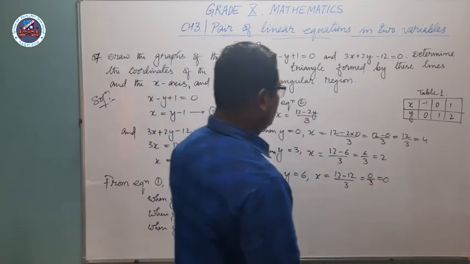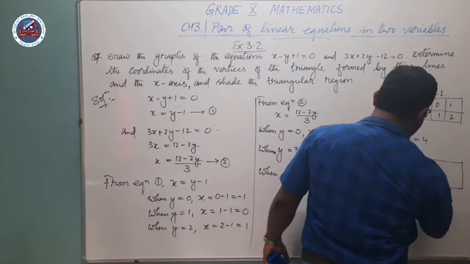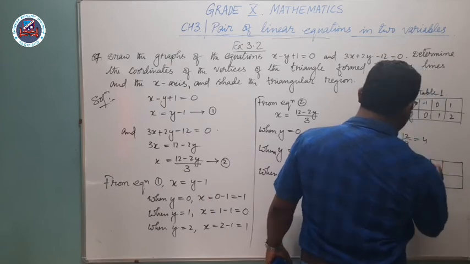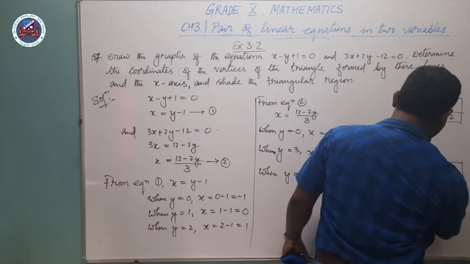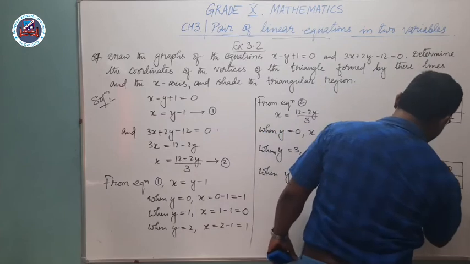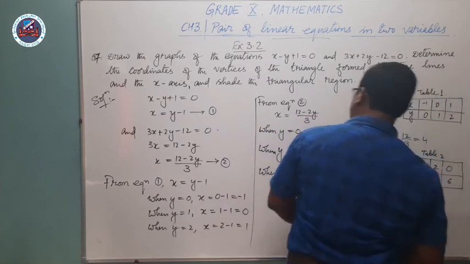Then you can make table 2 on the right hand side. X is 4, 2, 0, then y you got 0, 3, 6. This is table 2.